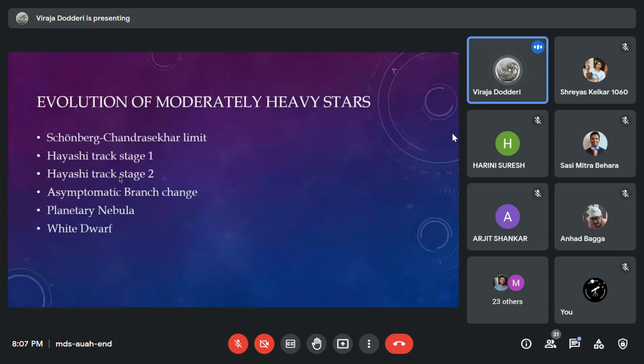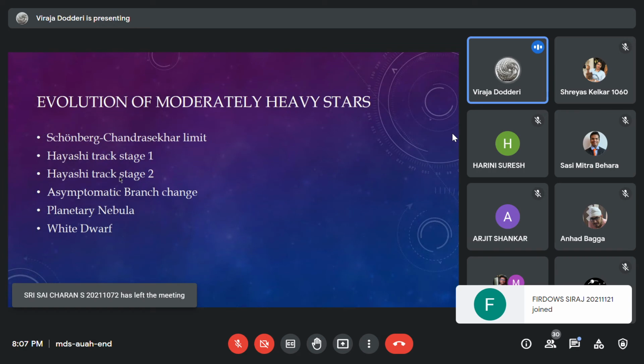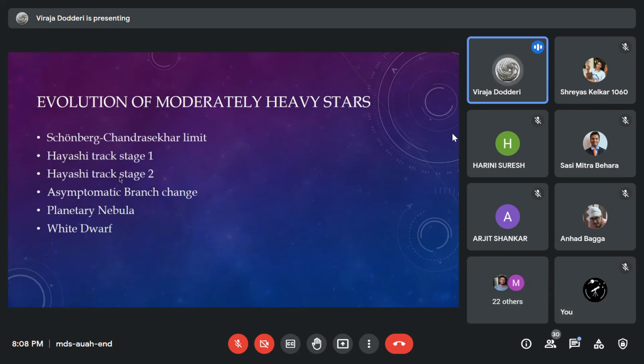Then there is something called the asymptotic giant branch. So basically, after all this, the star develops a deep convective envelope. All the layers have undergone some mixing, so all the elements are everywhere now.